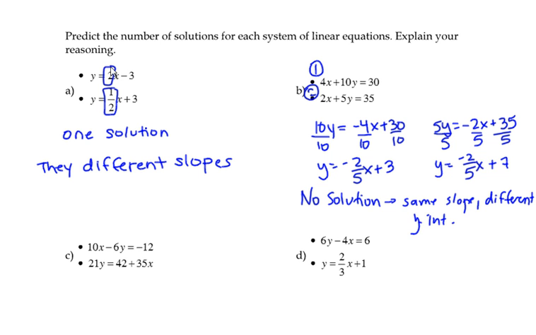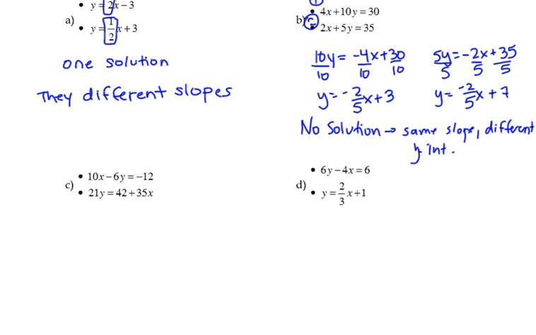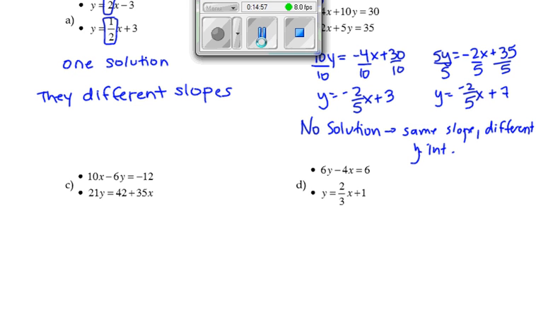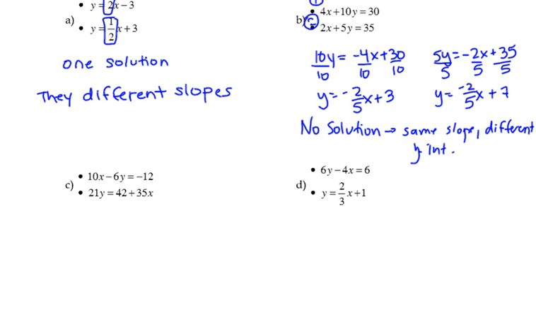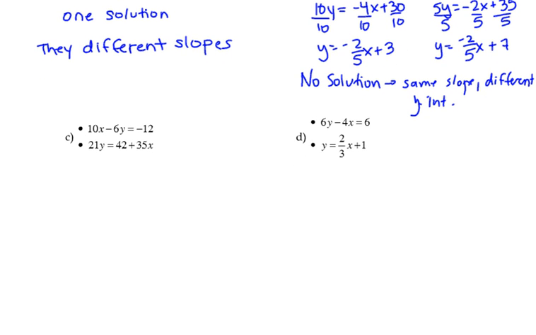All right, so next equation, solving again for y equals. Okay, so the next one, getting y by itself, subtract the 10x, and we have negative 6y equals negative 10x minus 12. Divide everyone by negative 6.